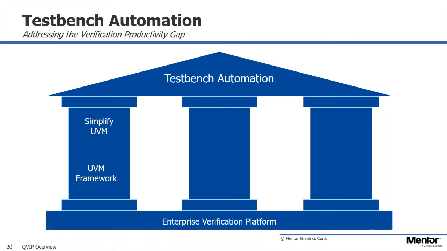To begin with, we created something called the UVM Framework, which is a slightly simplified version of UVM and a UVM code generator that generates your testbench off some relatively simple templates versus writing all that code yourself. And that's kind of based on Questa Prime.